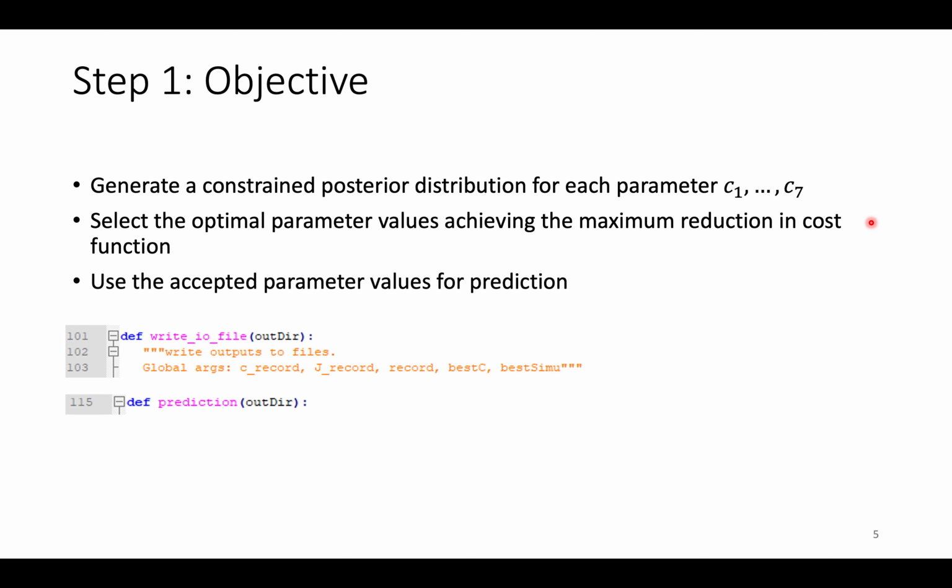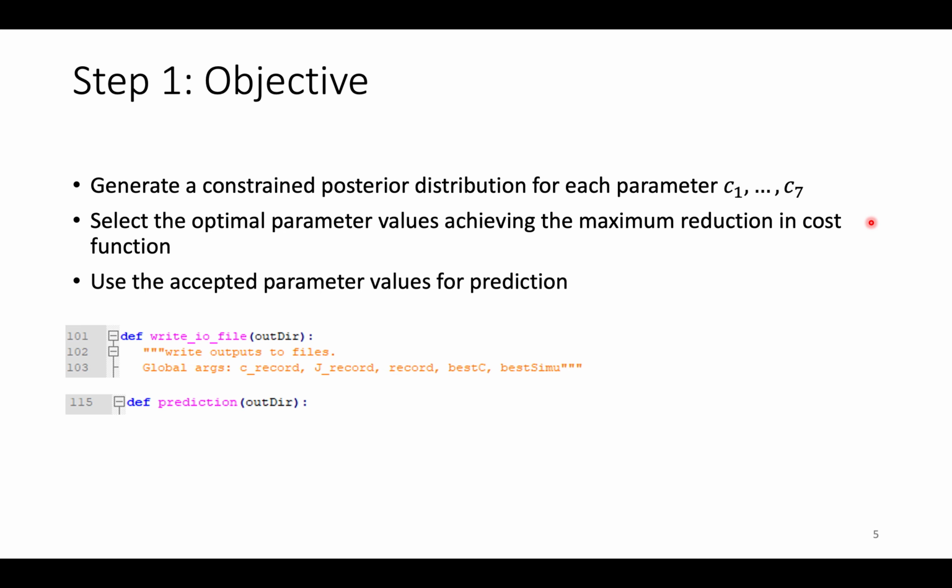In practice, the objective decides outputs. First, we'd like to estimate the posterior distribution for each parameter. That means all accepted parameter values will be saved. Then we'd like to estimate the parameter values and use them to achieve the best simulation.